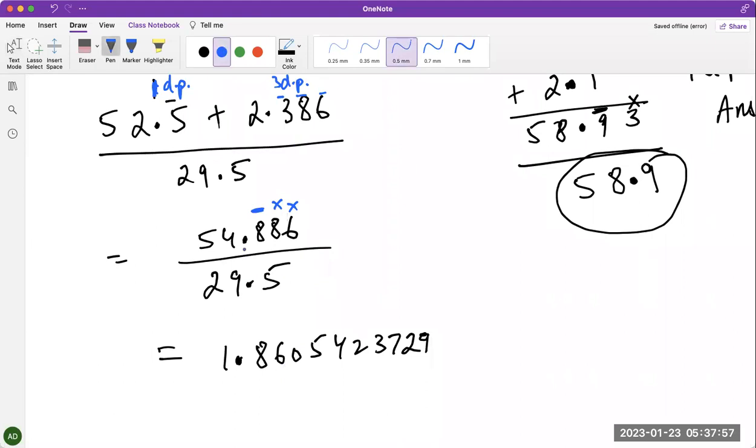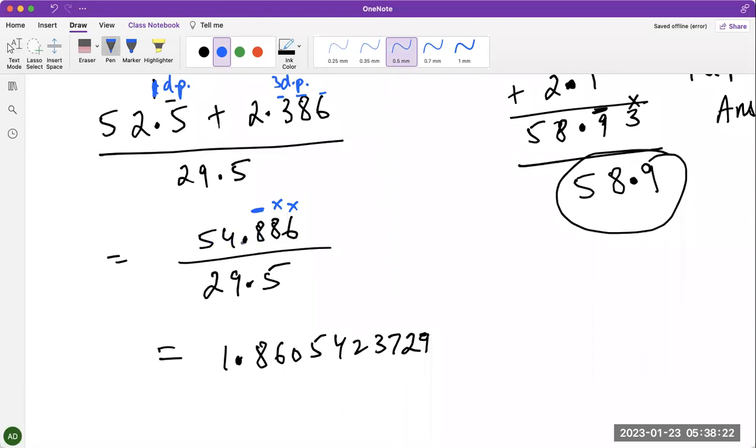Now listen carefully. This number, 54.886, has how many significant figures? Keep in mind, it is the significant figures which you can trust. So we are using that information we got earlier. This 8 and 6, we don't trust. This first 8 is the only number we trust out of the decimals.